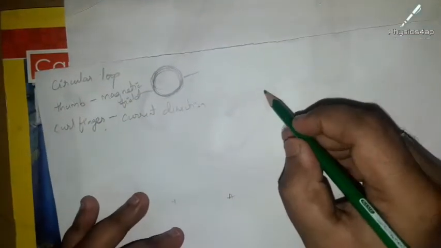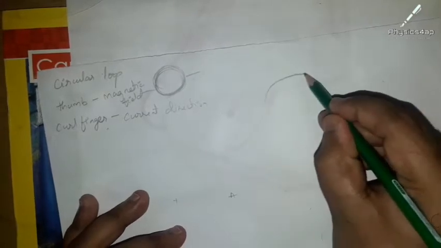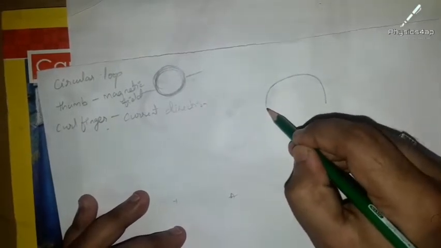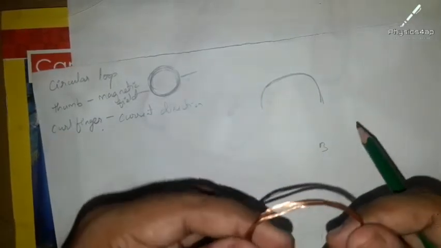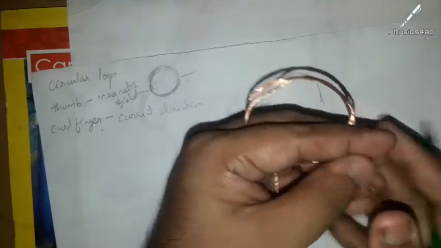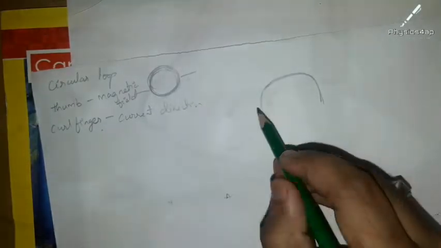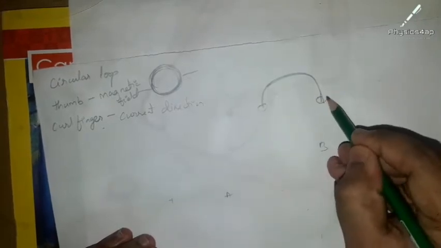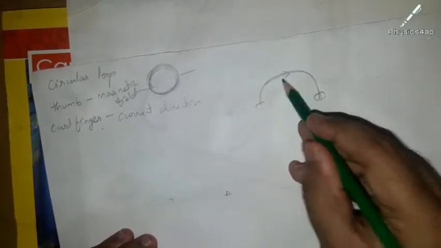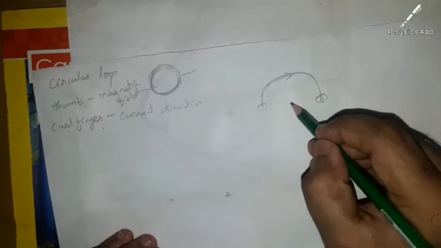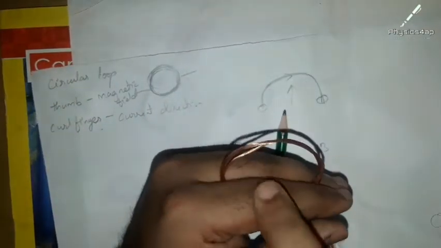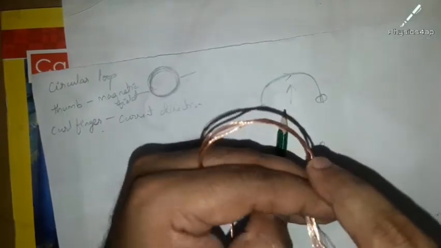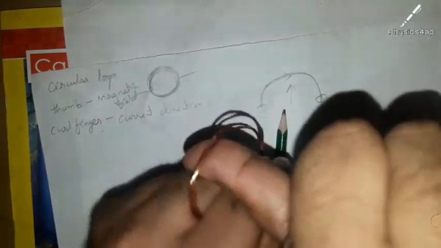Now if you see here, as shown in your textbooks, this is the curve. Half of the circle is represented in a downward direction which is connected to the battery, starting from here and ending here. As the current is moving in this direction, the magnetic field will be towards like this. That means if it is passing from here to here, then the magnetic field will be inside.